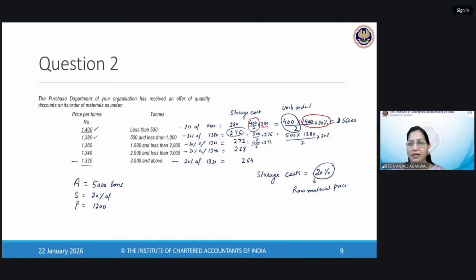So either I can calculate it separately, else I can use it overall in the formula itself. What is my total storage cost? Units ordered multiplied by price per unit. This becomes my total investment.